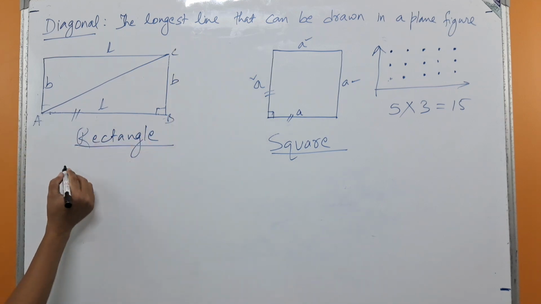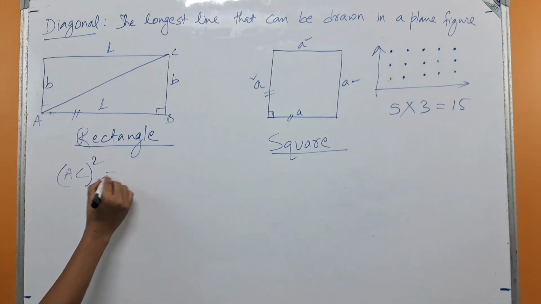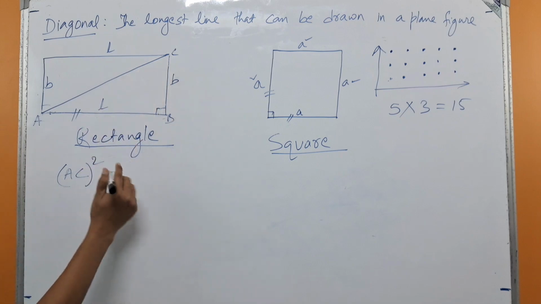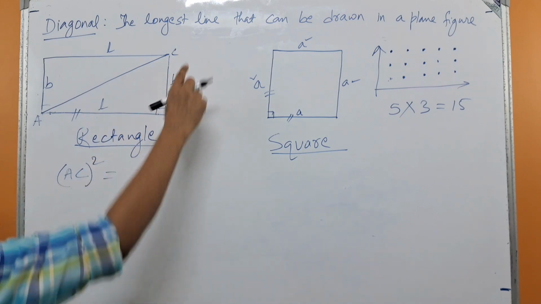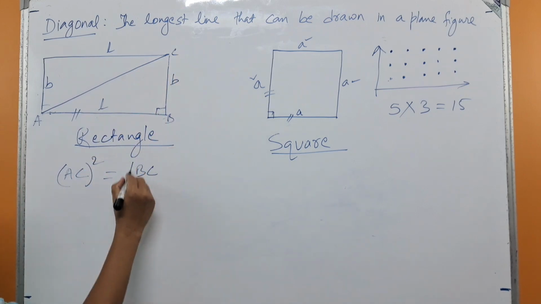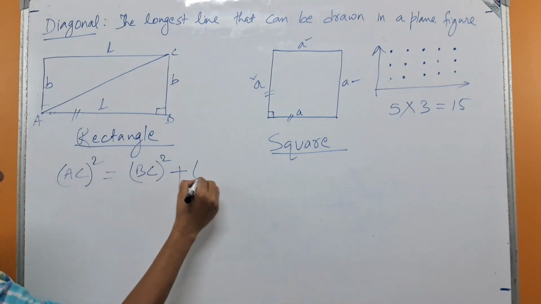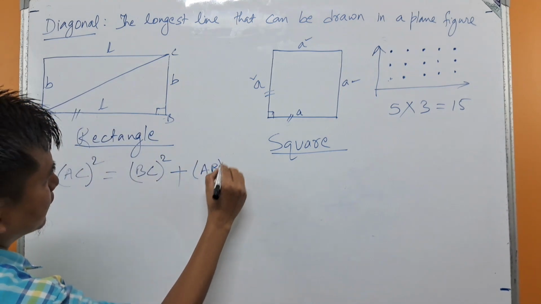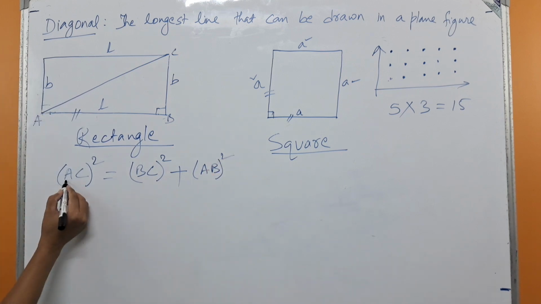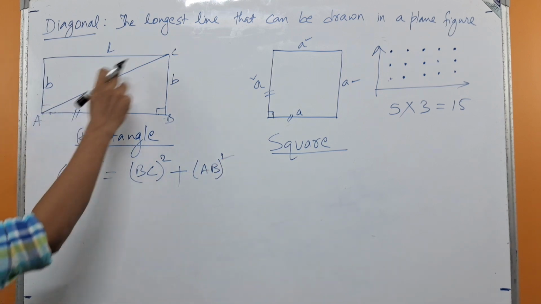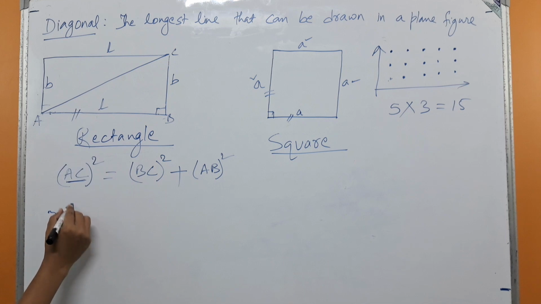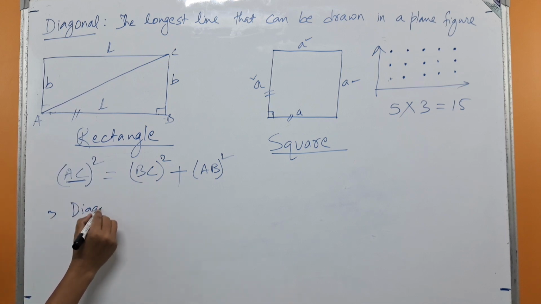Applying Pythagoras theorem, AC square equal to hypotenuse square equal to perpendicular square, that is BC square, plus base square, AB square, isn't it?